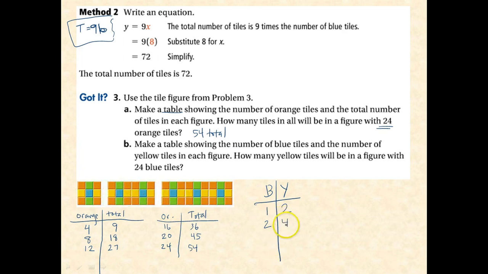When there are 3 blues, there are 6 yellows. Well, what's the pattern here? There seems to be twice as many, right? So I think that yellow equals 2 times blue. So if I want to find out what happens when there's 24 blue tiles, yellow equals 2 times 24. So there would be 48 yellow tiles.